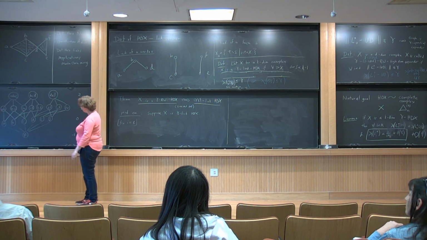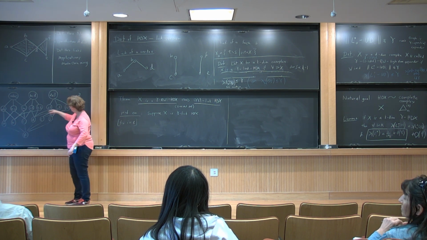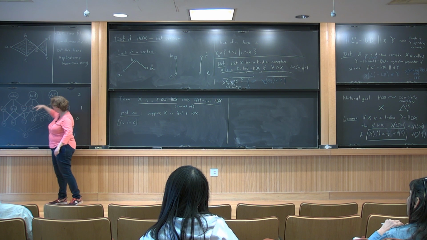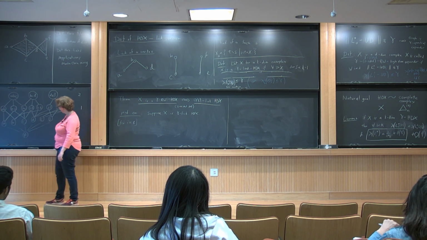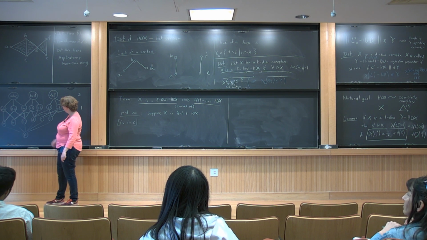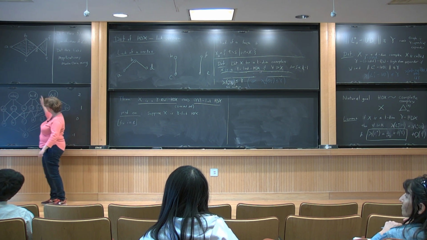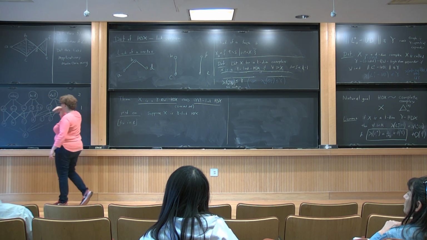And my goal will be to prove that this random walk is the same as this random walk, that the random walk going from the edges down and going from the edges up will be the same.